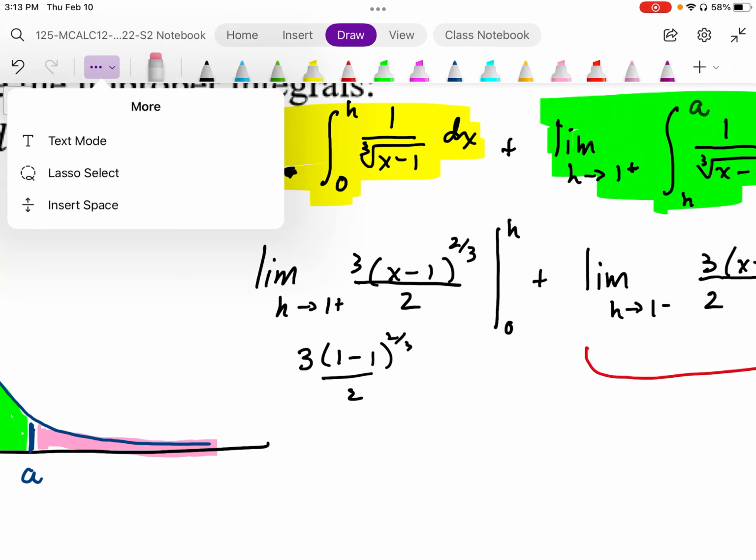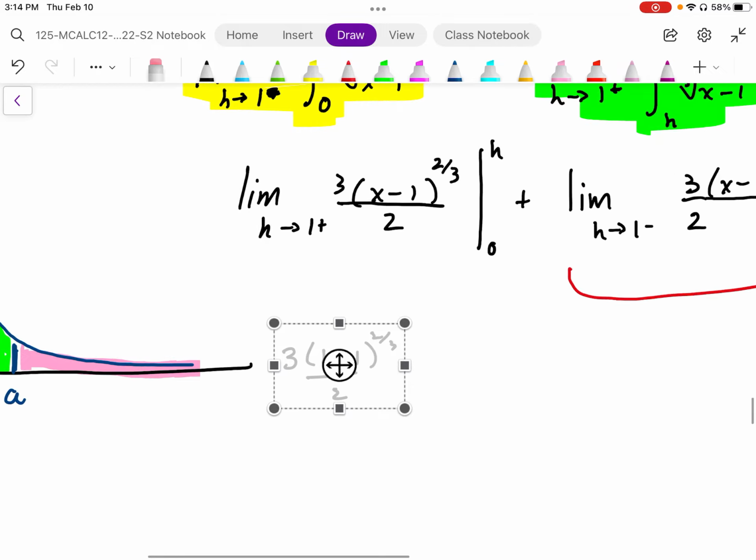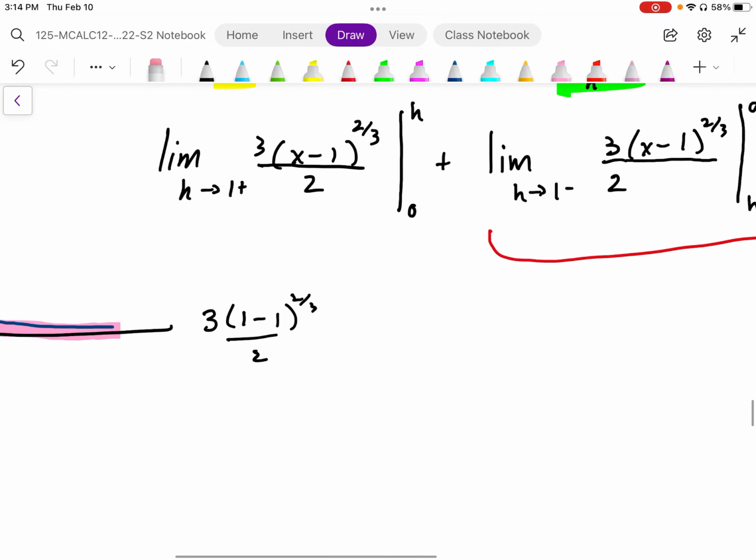So I need to give myself a little bit more room to work here. Then I'm going to subtract. So minus, I'm going to plug in 0 into this expression. So I'm going to get 3 times 0 minus 1 to the 2/3 over 2.